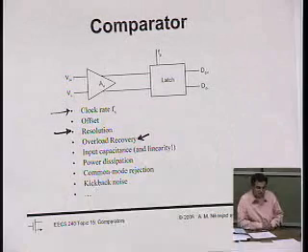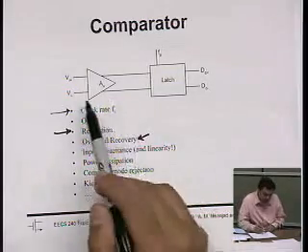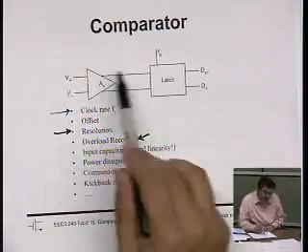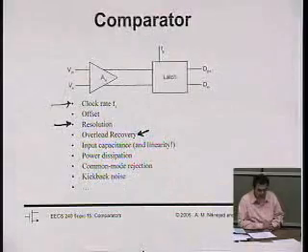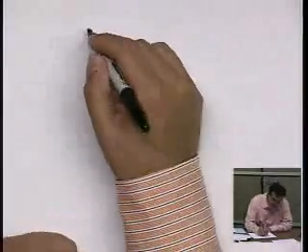So if I want 8 bits, I need 256 of these. So the input capacitance is 256 times larger. And so now I'm really worried about the capacitance loading the circuit that has to drive it. In fact, there's kind of an interesting trade-off there.